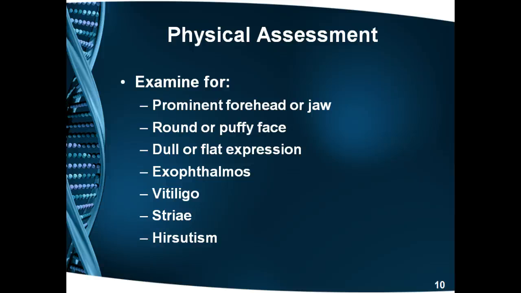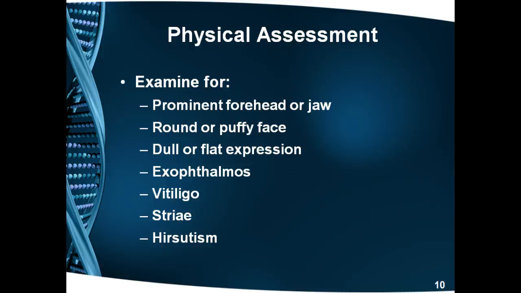Then they may have vitiligo, which may be something going on with the adrenocorticotropin, the adrenal, because of the fact that the anterior pituitary, there may be a problem there because it's responsible for melanocytes, which is melanin, which is the skin pigmentation. So they may have vitiligo, like patches of white in their skin. They may have striae.